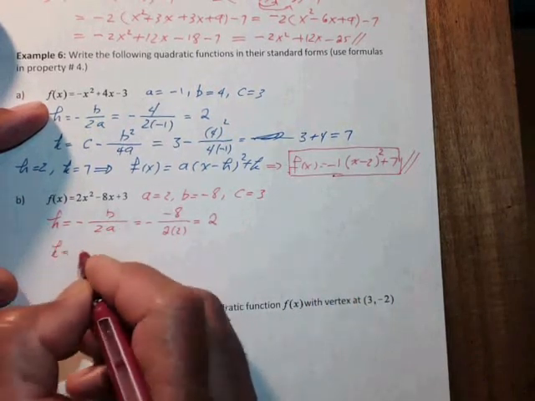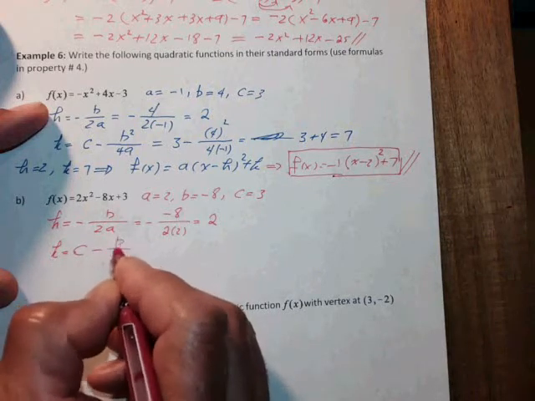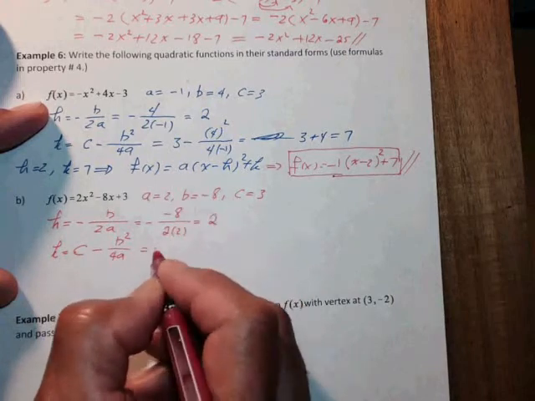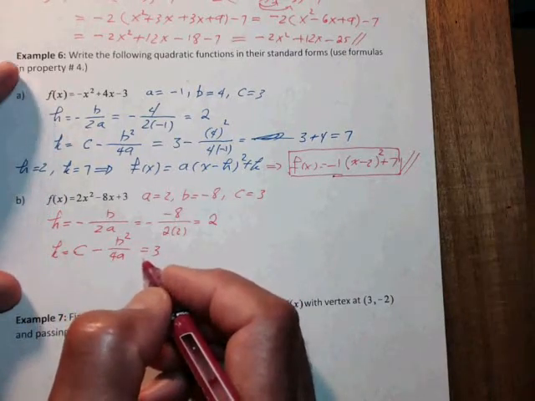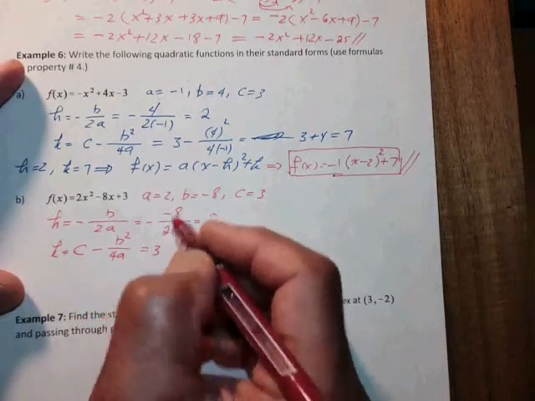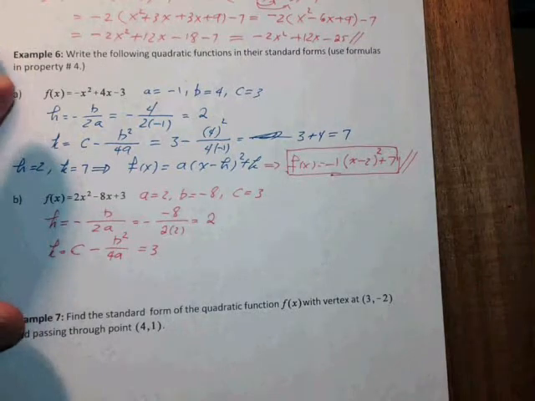K is C minus B squared over 4A. C is 3. I guess I have a tiny error, I apologize for that.